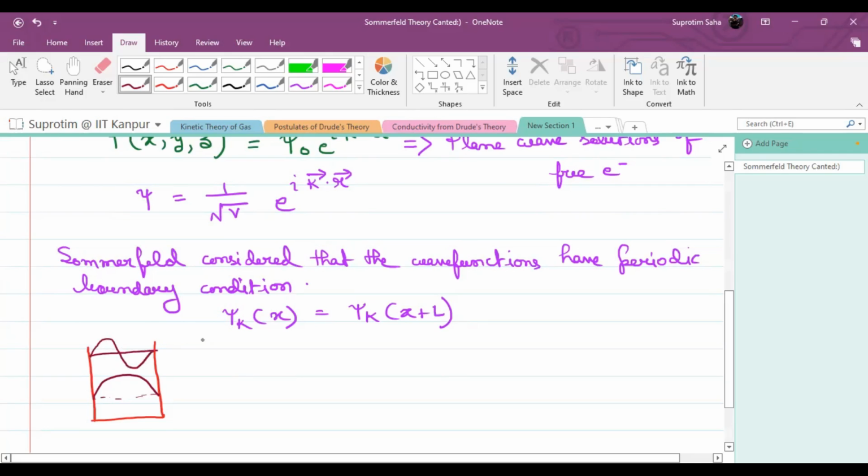So the wave function goes to zero at the boundaries of the walls of the container. But now what you have is this box, and instead of going to zero, the wave functions can behave like this.